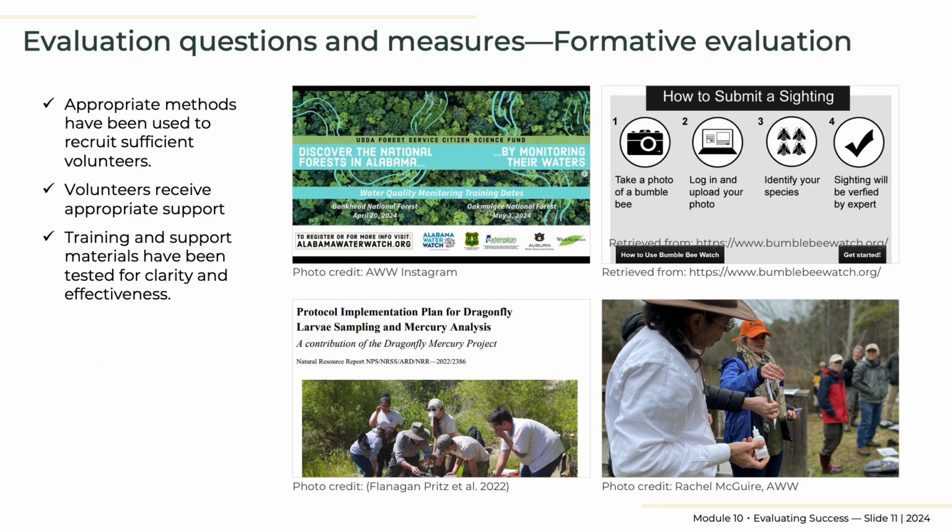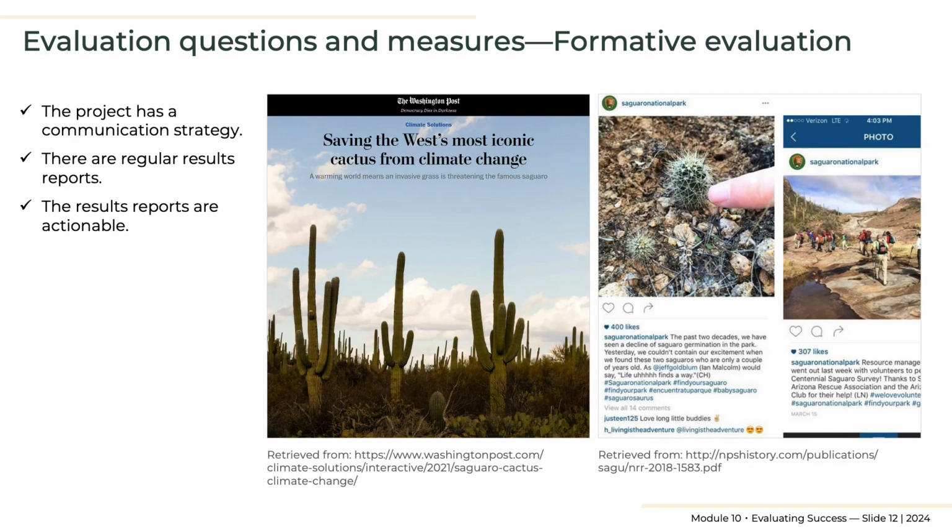From Module 8 on Participant Recruitment and Training, have appropriate methods been used to recruit sufficient volunteers? Have the volunteers received appropriate support, either through project resources or specific training? Have training and support materials been tested for clarity and effectiveness? From Module 9 on Data Reporting and Dissemination, does the project have a communication strategy for disseminating results to project participants?